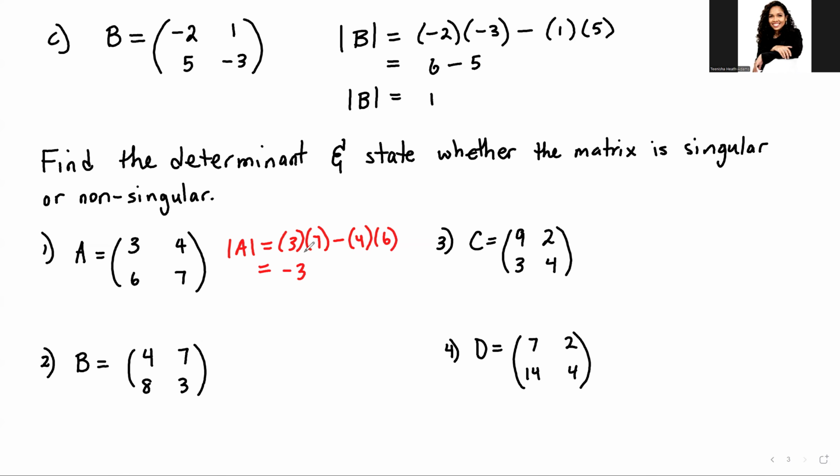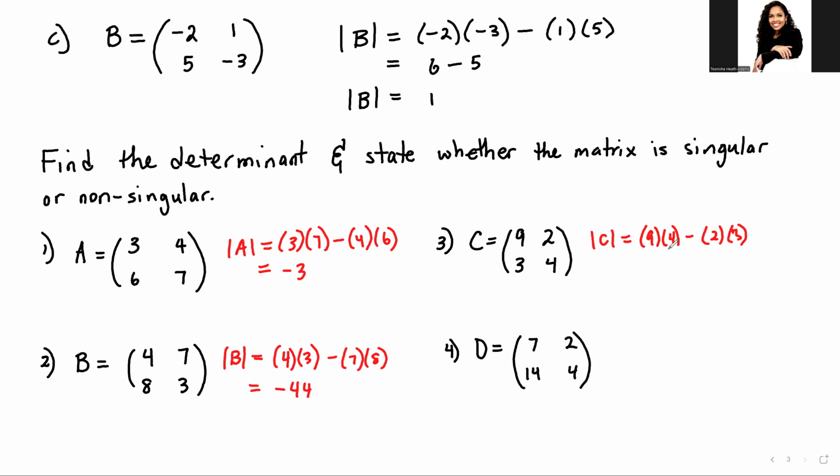The determinant of B would be 4 times 3, take away 7 times 8, gives me -44. Number 3, determinant of C would be 9 times 4, take away 2 times 3.